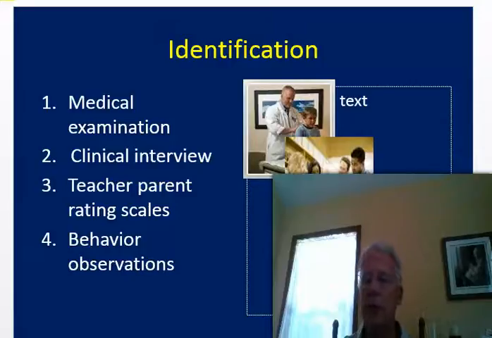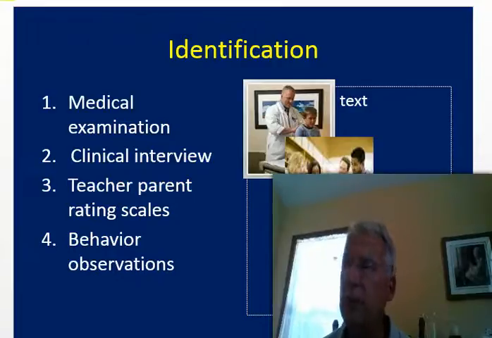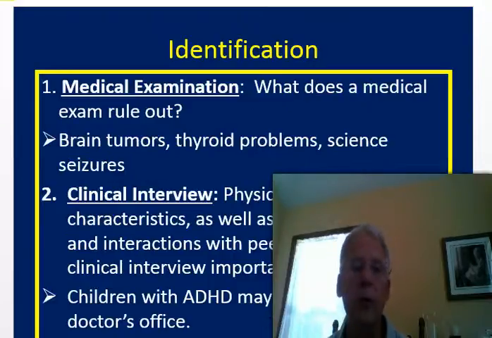Usually involves teacher and parent rating scales where they rate certain behaviors of the individual student, and observations, usually by a school psychologist or a behavior specialist, are also conducted. So the key here is that there are many people that are involved in identifying and classifying someone who has ADHD.